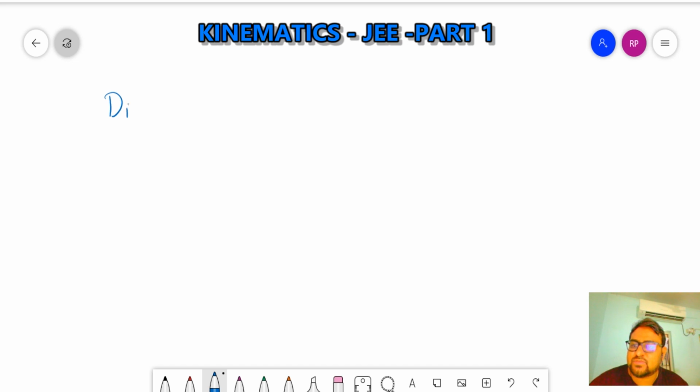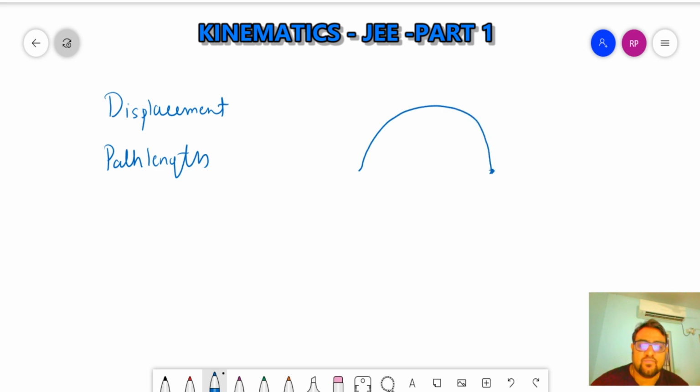Next is displacement and path length. I'll explain it briefly. If you are moving in this way, let's say the radius is equal to 1. Then what is displacement? The shortest distance between A and B. That means displacement will be equal to 2.